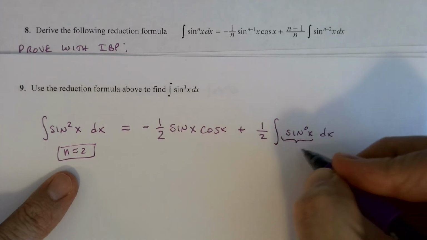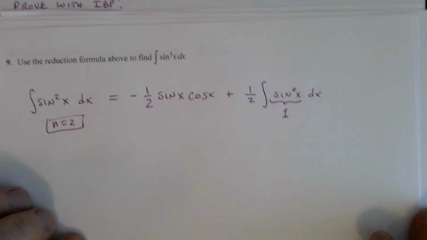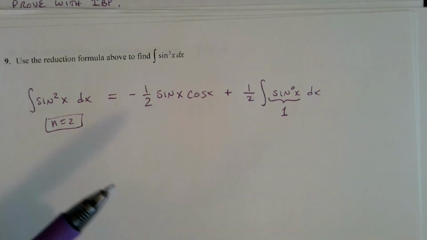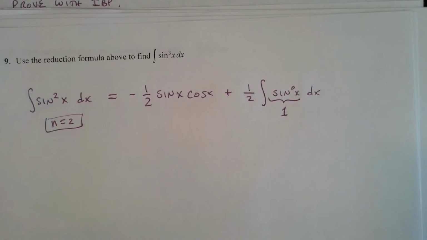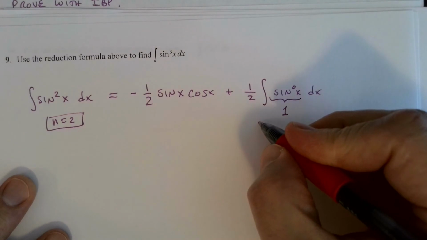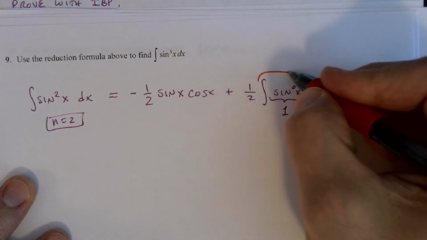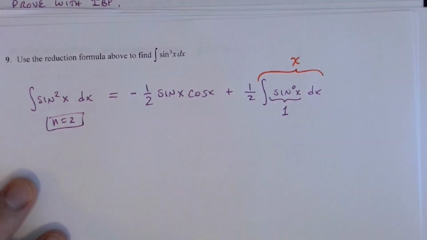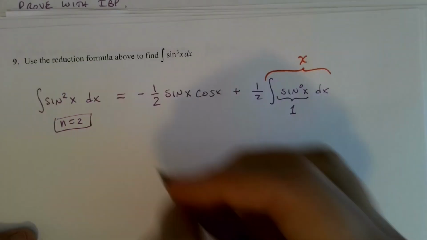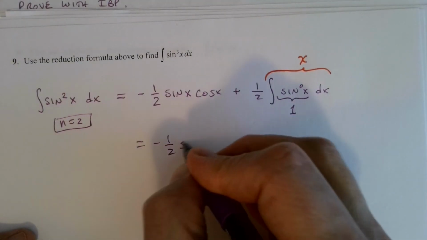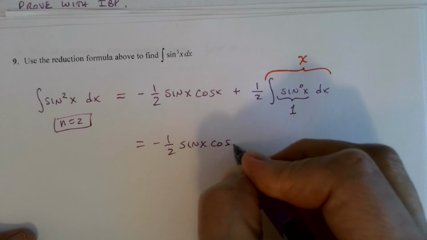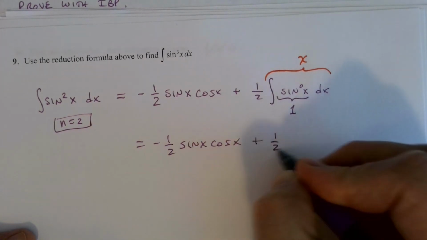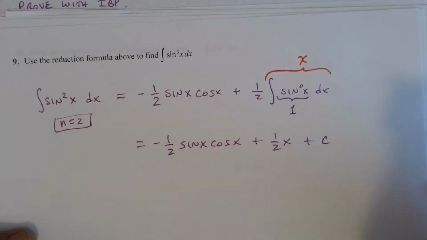Anything to the 0 power, we're going to consider that to be just 1. So what's the antiderivative of 1 dx? It's just x. And so my answer is minus 1/2 sine x cosine x plus 1/2 x, and then I'll throw in my plus c.